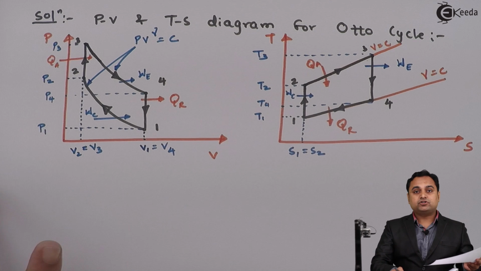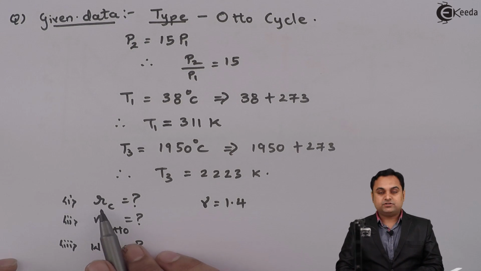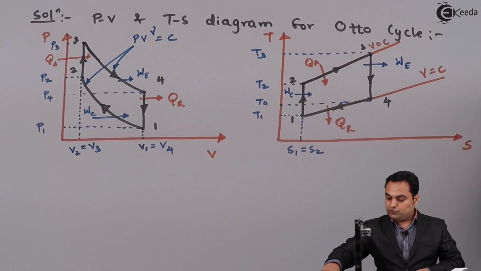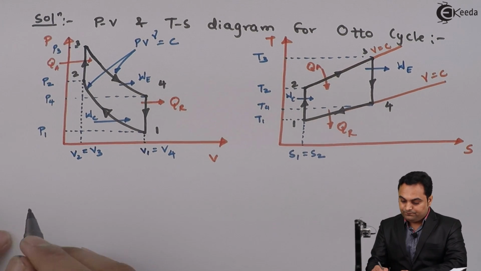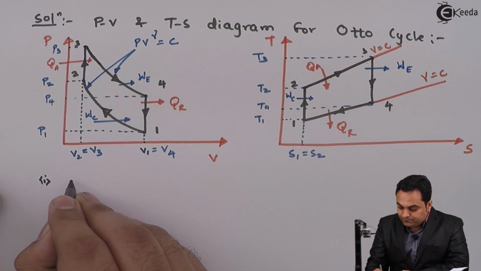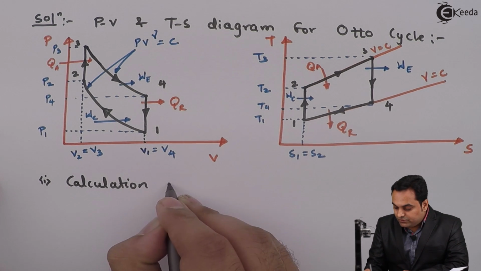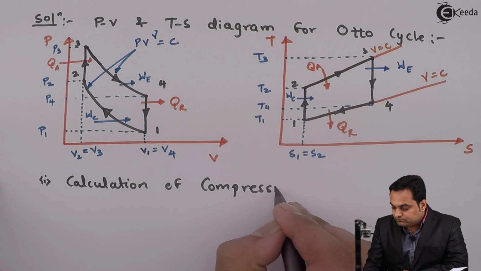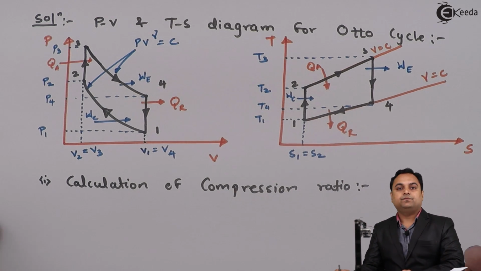And now the first question is, we have to find out what is RC. RC is called the compression ratio. So to start the solution, the first part would be calculation of compression ratio.